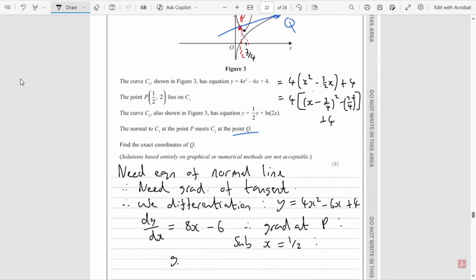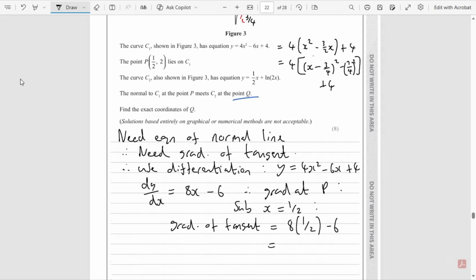So therefore, the gradient of the tangent is equal to 8 times 1/2 and then minus 6. So this gives us 8 times a half, which is 4, minus 6. That gives us minus 2.